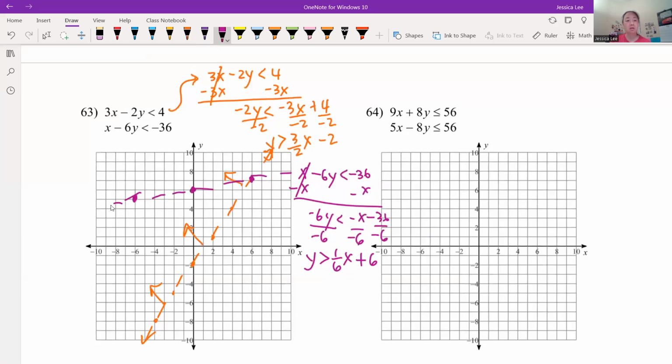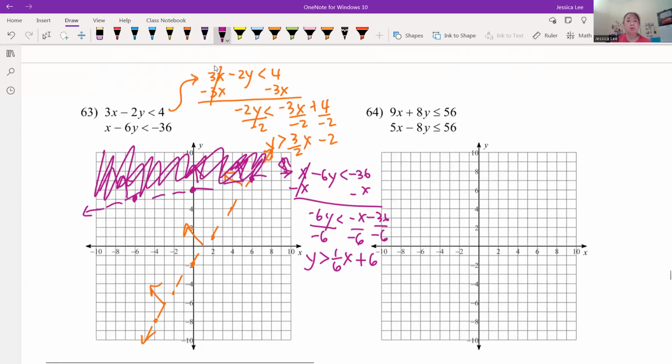That's a bad dash line, but assume that it's straight. And again, y is greater than, so it's going to be above the line. So it's going to be above this one and above the orange. So it's got to be up to that orange line. Done. Okay, we're going to do the same thing on the second one right here.